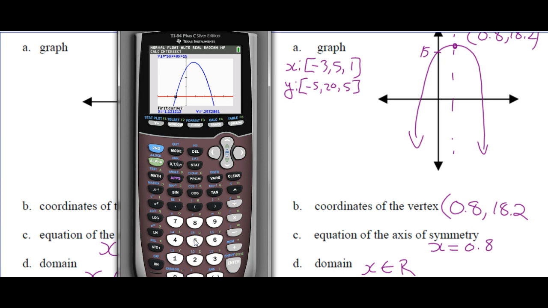Second calc, intersect. Okay, again. Now, what I don't want to do is trace along this, because I'd have to go all the way up and all the way back down. So let's just move down to the line. Hold for somewhat less than 3 seconds. You don't have to do this on your calculator. You can just hold it. And get there, and then enter 3 times, and 2.7.